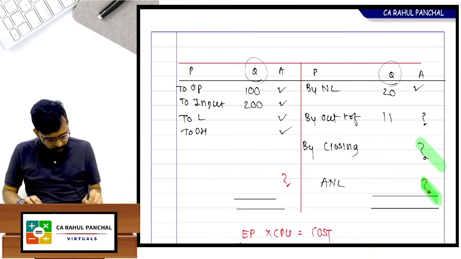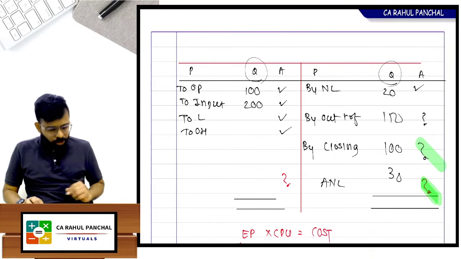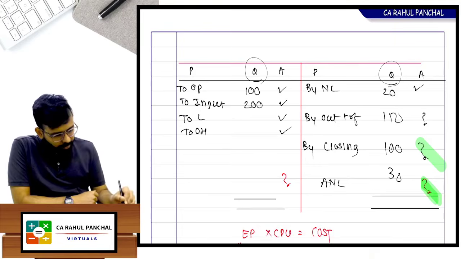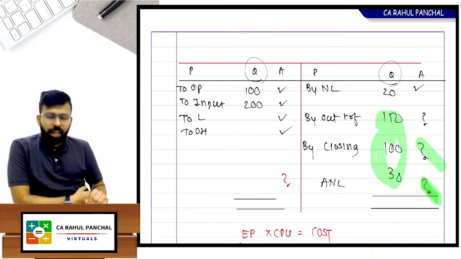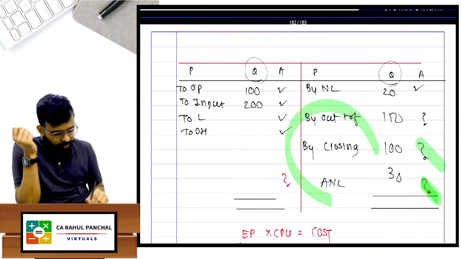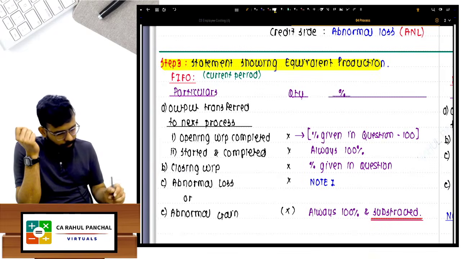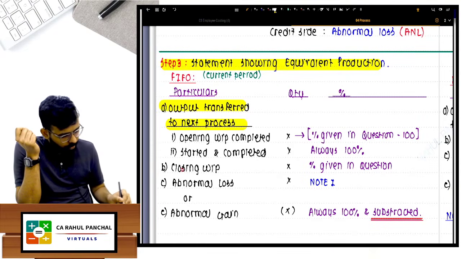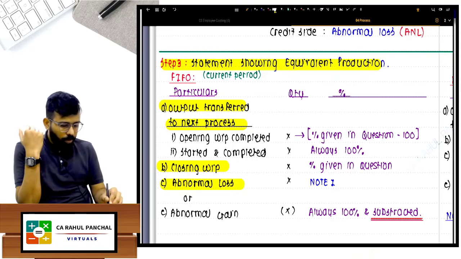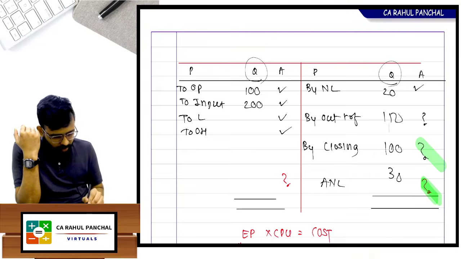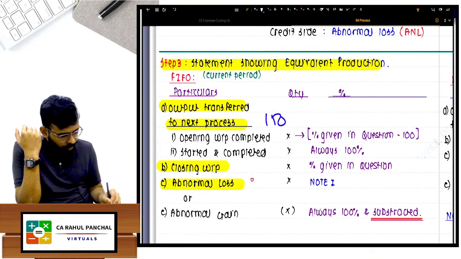So let's say this is 150. So 130 I have, so it is 100 and it is 30. Chalo. So something like this will be there. Now understand, I need the answer for these 3. So I will write everything. I will write all three things here. By output transferred, by closing WIP, by abnormal loss. Whatever units I have, like 150, 100 and 30.